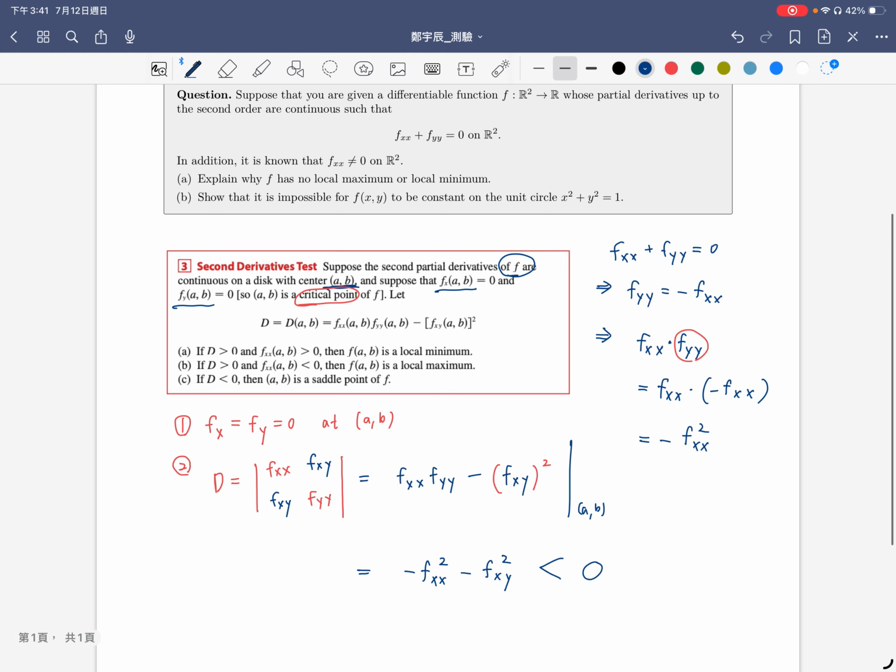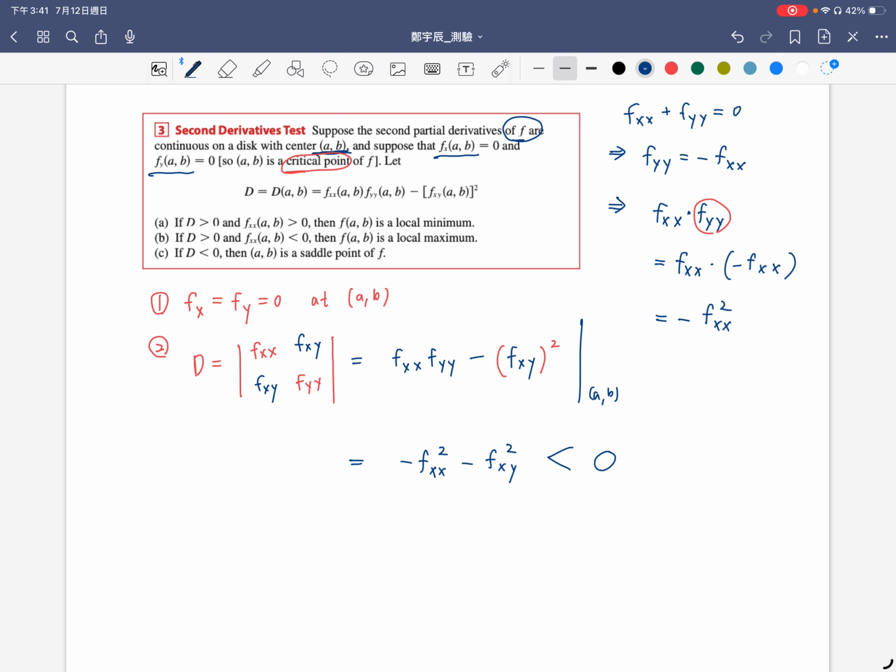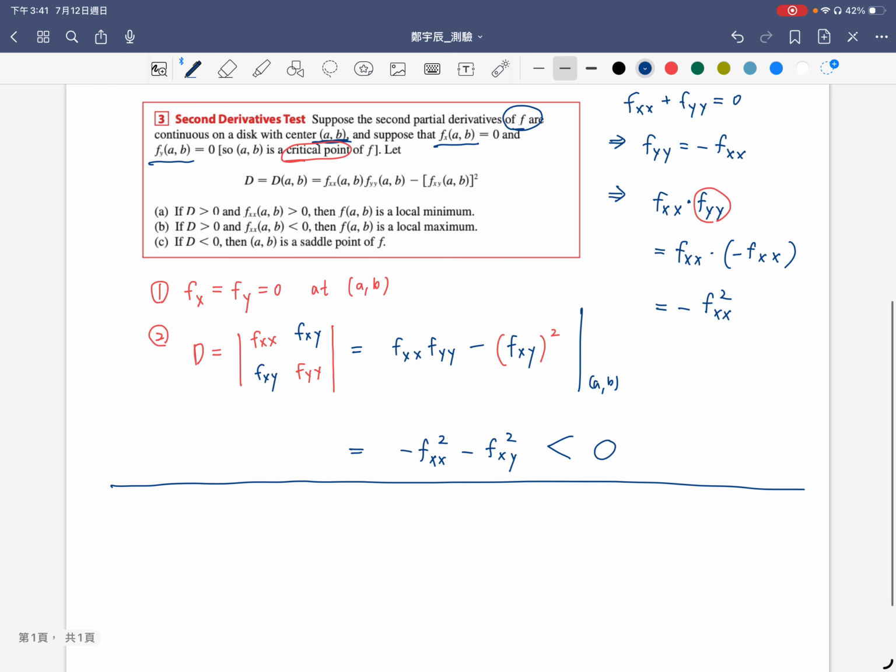To be specific, we follow the following procedure. Step 1, here we do a quick review on how to find the local max and local minimum. In the first step, we take the first derivatives in x and y and equate them to 0.